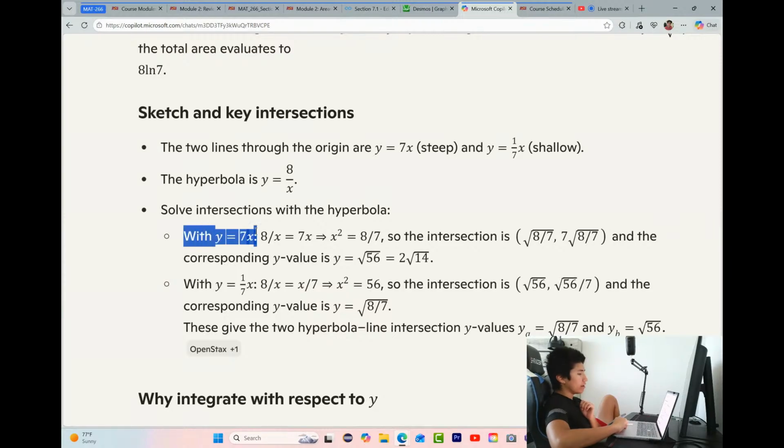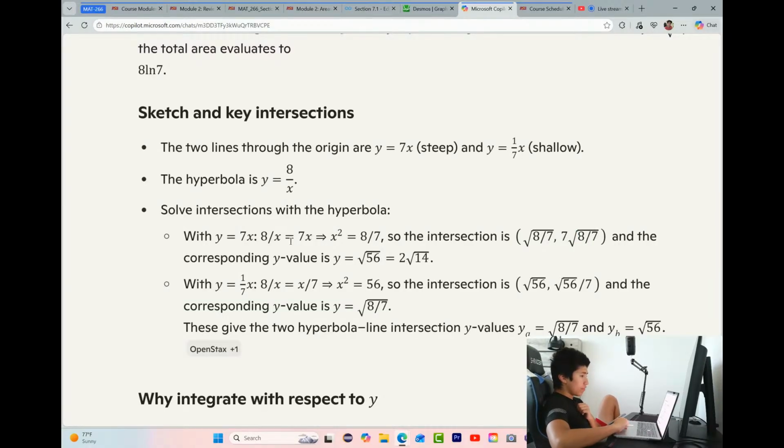Sorry, with y equals 7x, we get x squared equals 8 over 7, and thus x equals square root of 8 over 7. So the intersection is square root of 8 over 7, that's the x value, comma, 7 times square root of 8 over 7.